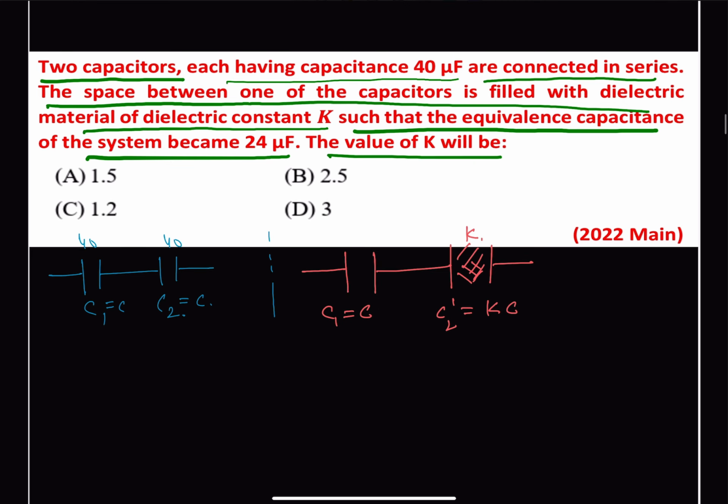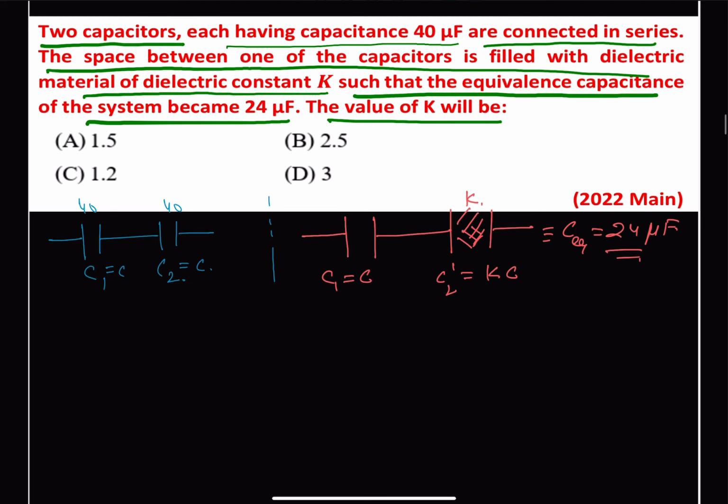Under this condition we are given that the equivalent capacitance is 24 microfarad when it is having the dielectric. So we can just use the equivalent capacitance formula.